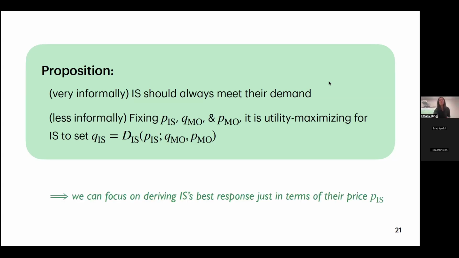So the implication of this is instead of optimizing over both the P and Q, we can just focus on deriving the independent seller's best response in terms of their price P. That simplifies things a little bit.